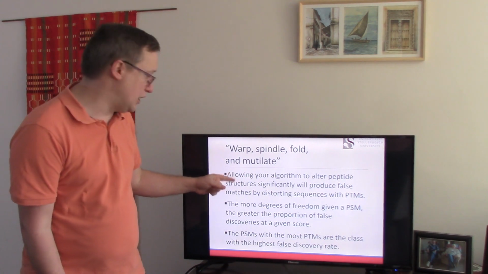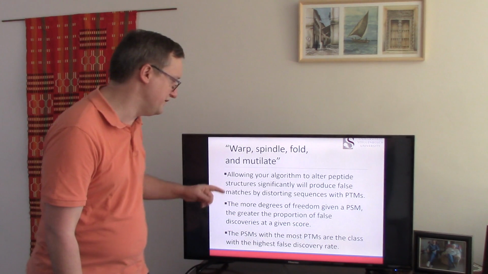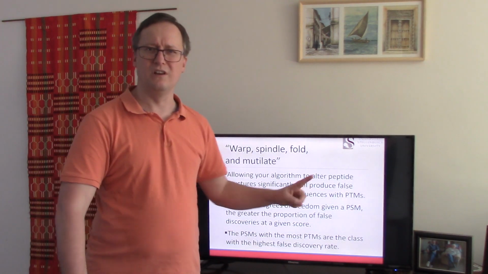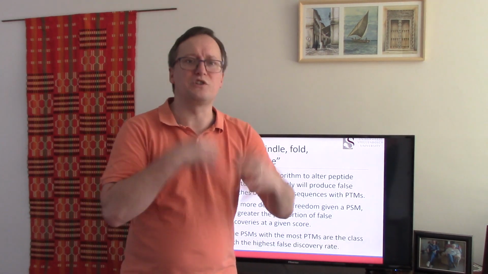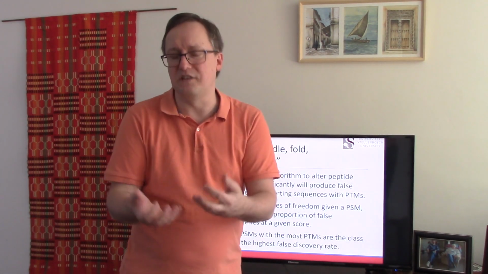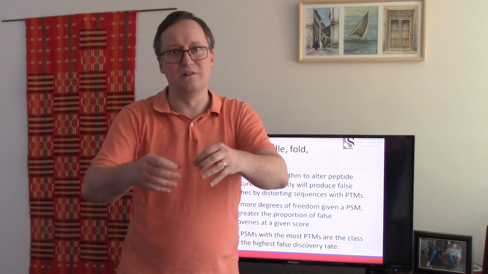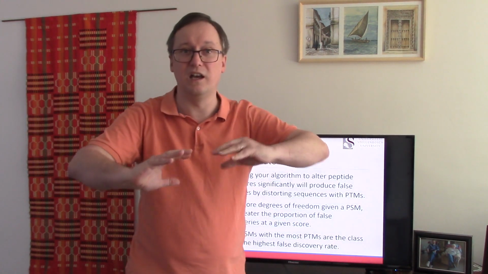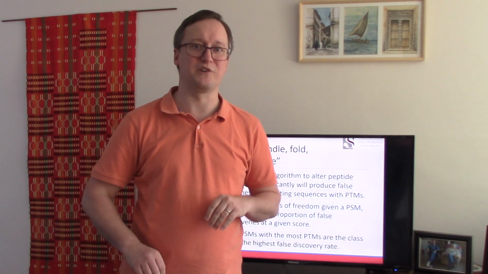Allowing your algorithm to alter the peptide structure significantly by throwing on arbitrary mass shifts will produce false matches by distorting sequences with PTMs. In other words, when you start allowing the software to muck about with the sequence quite a lot, you will find that the software introduces spurious mass shifts in order to force fit an unrelated peptide sequence onto a tandem mass spectrum you've observed.